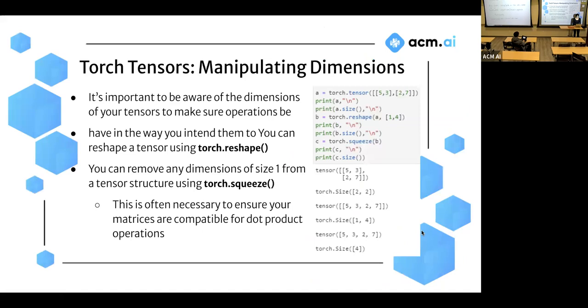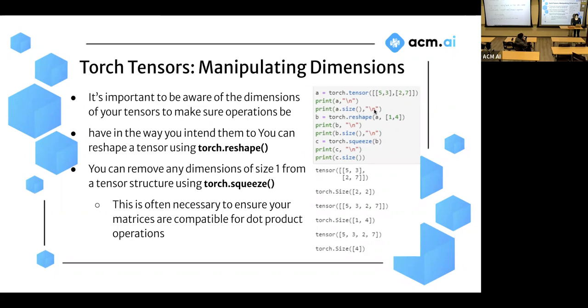And so one really great thing about tensors is that we're able to manipulate the dimensions very easily. This is really great because when we're going from layer to layer through our feed forward or backpropagation, we always need a way of controlling the shape of our tensors as well as our data. So one really great thing that we're able to use is torch.reshape, as you can see right over here. In this line of code, we have a equals torch.tensor with 2 lists: 5, 3 and 2, 7.